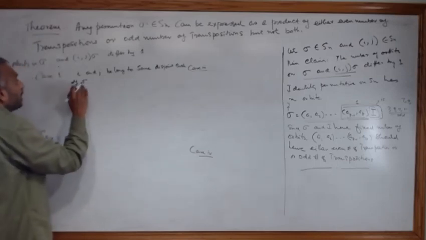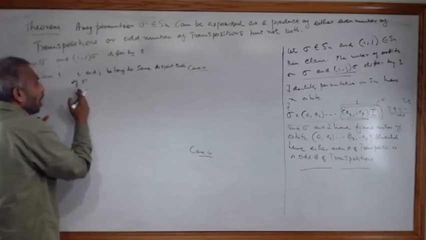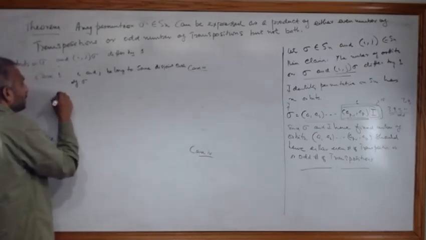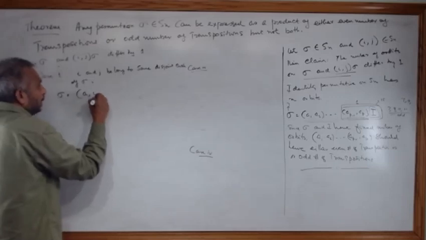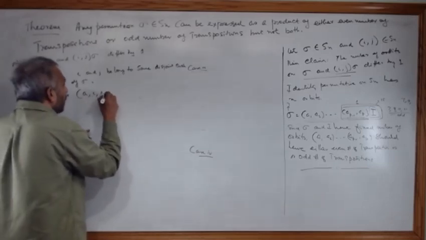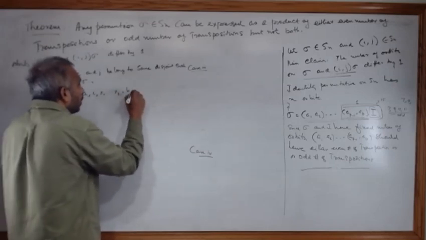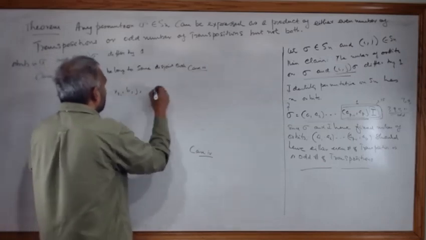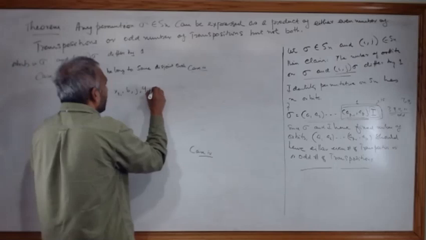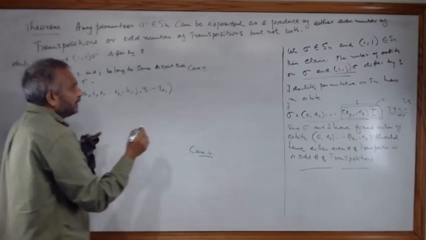Because it is disjoint, it is commutative, so you can order it in any way. So what I am going to write here is sigma is equal to (a, i, x1, ..., xk1, b, j, y1, ..., yk2). This is something like here.